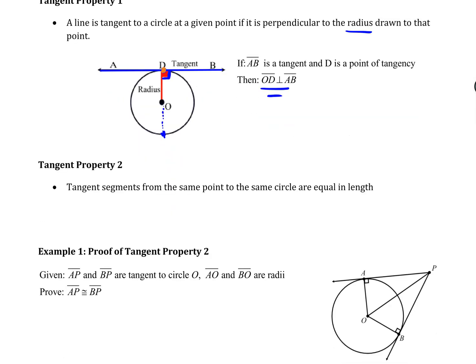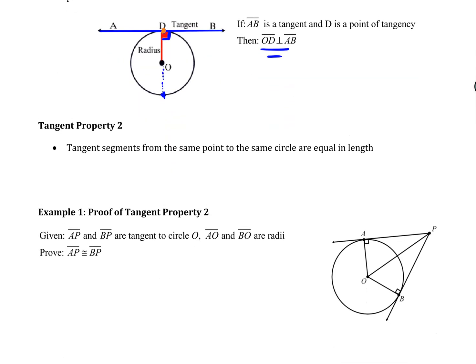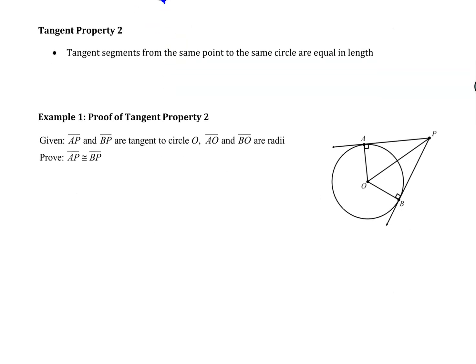The other property that's useful for tangent segments is that if you have two tangent segments from the same point outside of a circle, then the two tangent lines must create two equal segments. We'll see it down here in this first example, where we're going to prove this property.